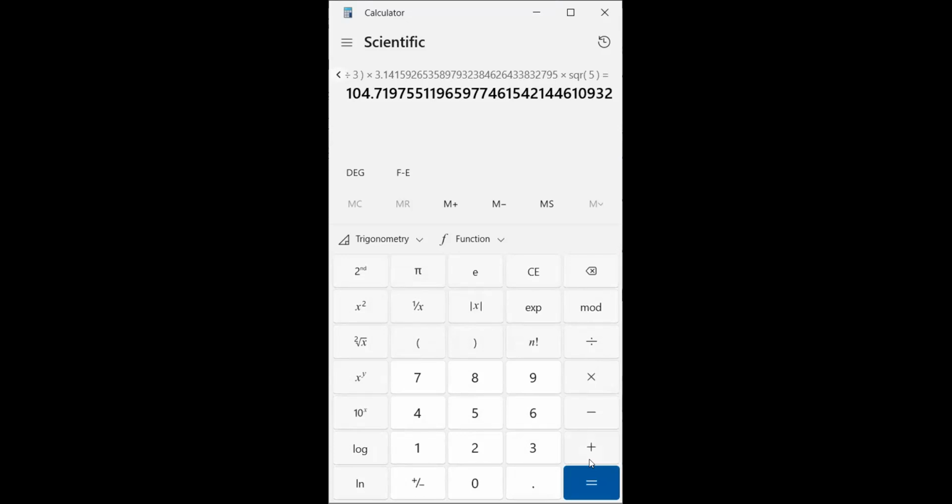Okay, I'm missing something. Actually, that should have been to the third power, not to the second power. So let's start again. That's 4/3 times pi times 5 raised to the third power. So that's about 523.6 cubic meters.